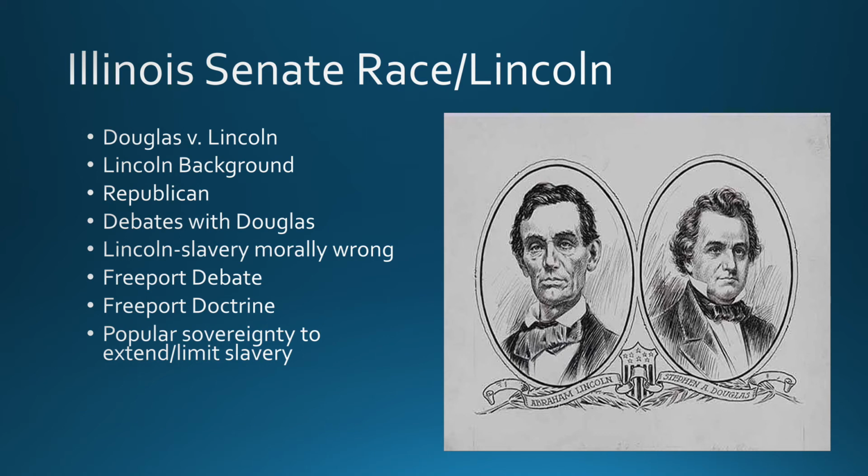So popular sovereignty had given the people the right to extend slavery, but it also gave the people the right to limit slavery in a place as well. Again, pretty interesting viewpoint, showing where Douglas was here in this power of popular sovereignty and things like that.